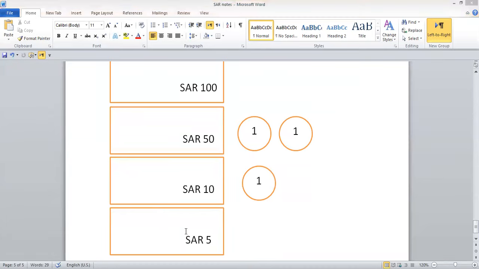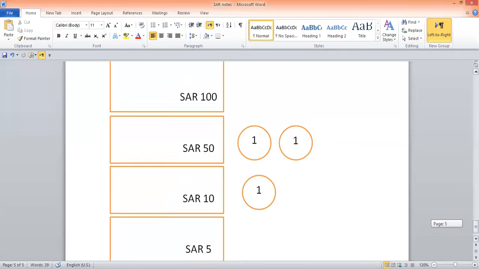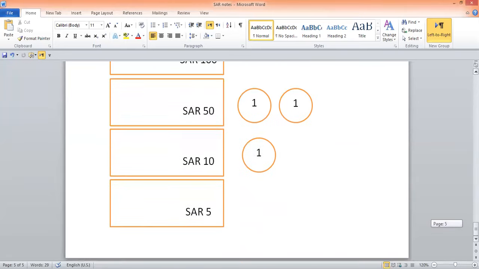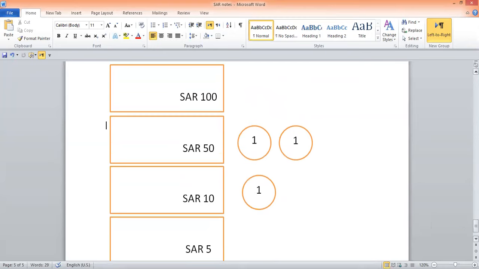And there are 3 coins of 1 real. Consider all these the currency notes and these 3 are the coins. So you have to tell me how much money Uncle Tom has. Your time starts now. Count the money and tell me in the chat box how much money Uncle Tom has.